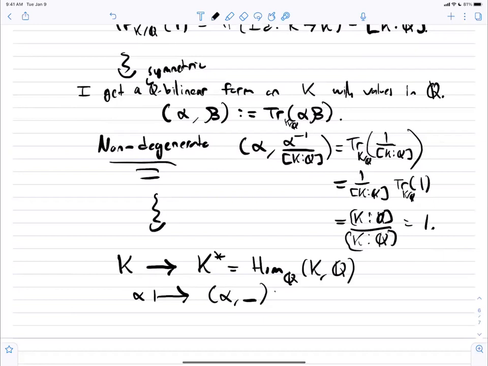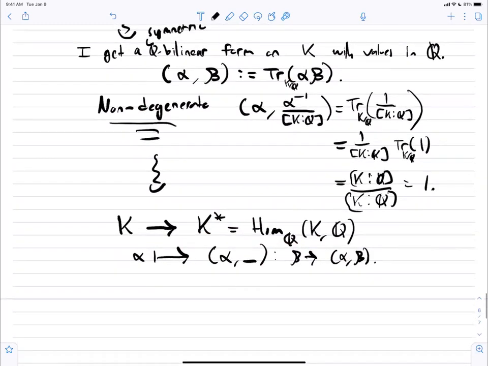So this sends beta to the inner product of alpha and beta. Again, this part has nothing to do with the specific bilinear form I have. This part's completely general. This is an isomorphism. Well, it's injective, thus an isomorphism.